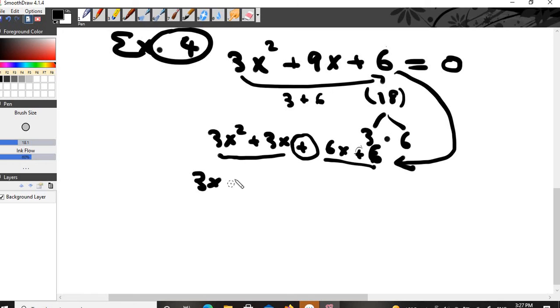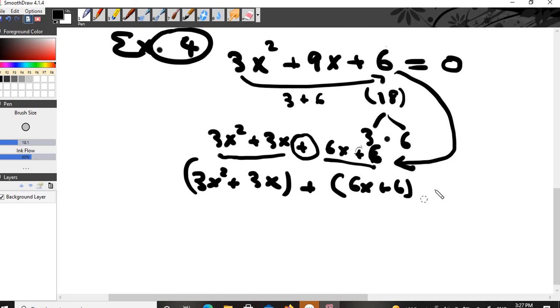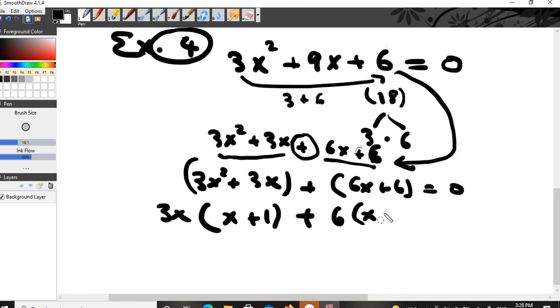So (3x squared plus 3x), close the bracket, plus (6x plus 6), close the bracket, equals 0. In this one, the common factor they share is 3x, so 3x times (x plus 1), plus this one they share 6, times (x plus 1), equals 0.